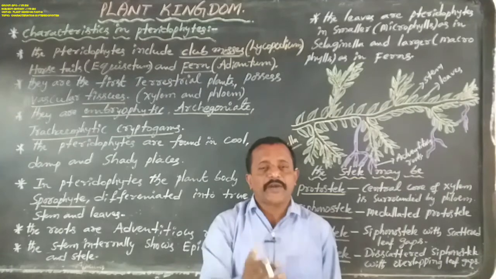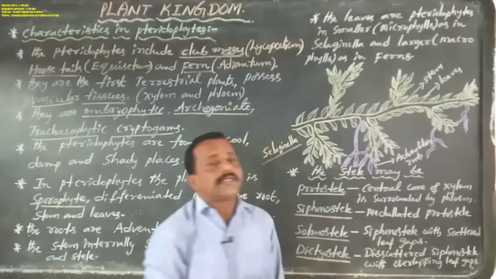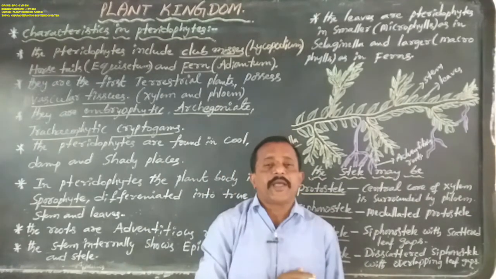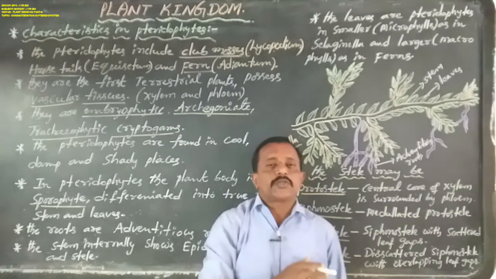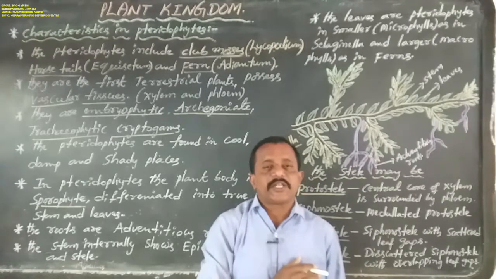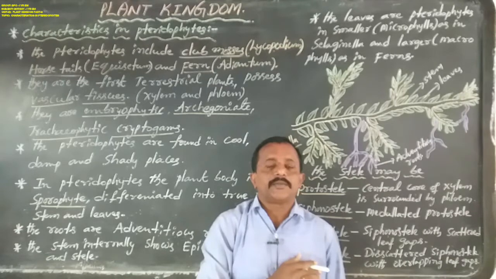But in pteridophytes the plant body is a sporophyte. The plant body is diploid. Spores are produced, and it is the asexual stage in the whole life cycle of the plant, that is sporophyte.